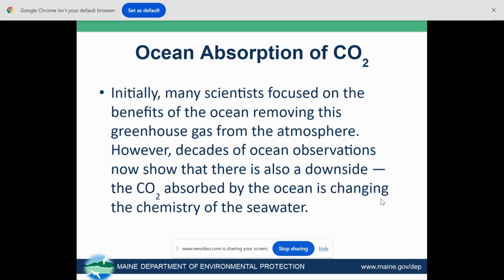So the impact of us putting carbon dioxide into the atmosphere is being mitigated and lessened by the ocean absorbing some of it. But what they're seeing is this is impacting the ocean pH way faster than they thought it would, right? So that's the downside. That carbon dioxide absorbed by the ocean is changing the chemistry of the seawater, which in turn is affecting the food webs in the ocean.